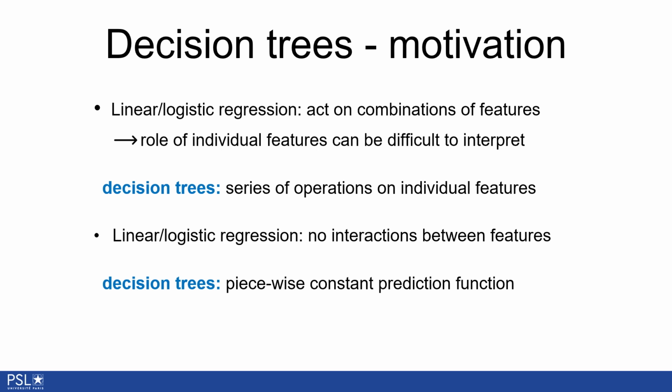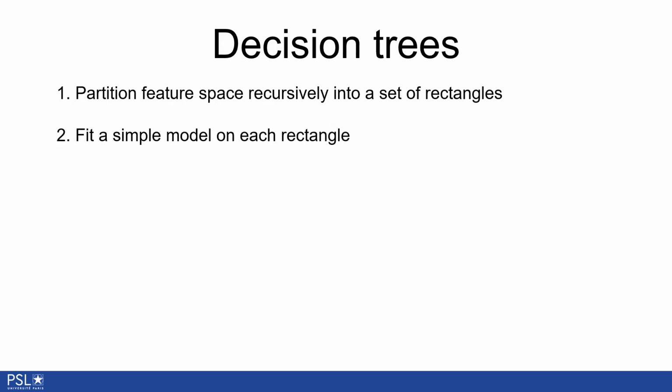on combinations of features. More specifically, decision trees are based on two steps. The first step is to partition the feature space recursively into a set of rectangles. The second step is then to fit a simple model on each rectangle, typically just a constant.